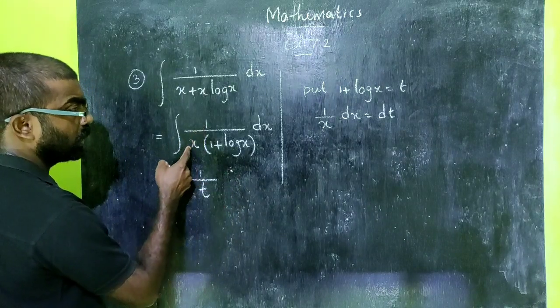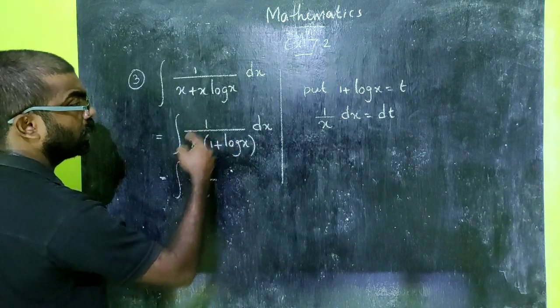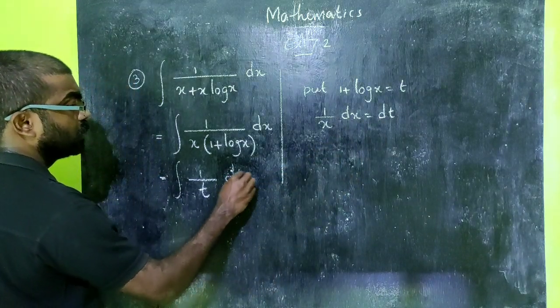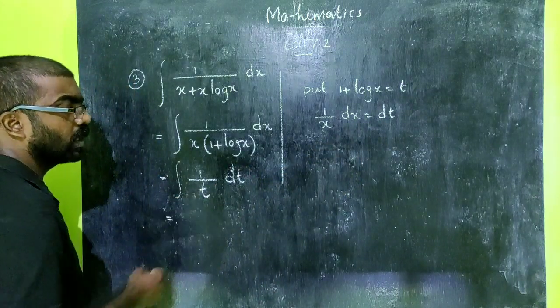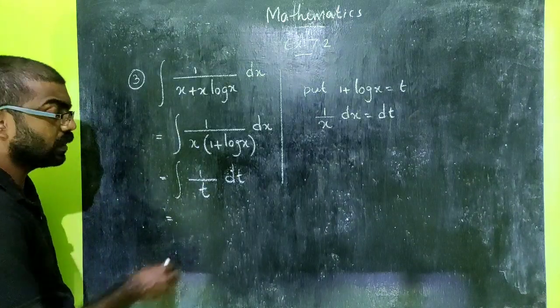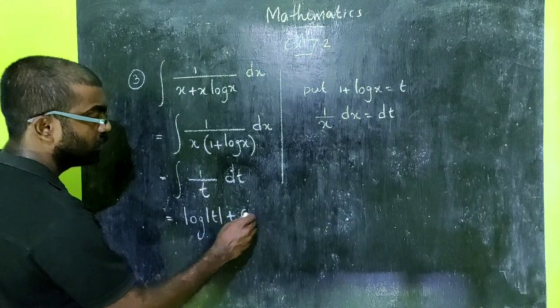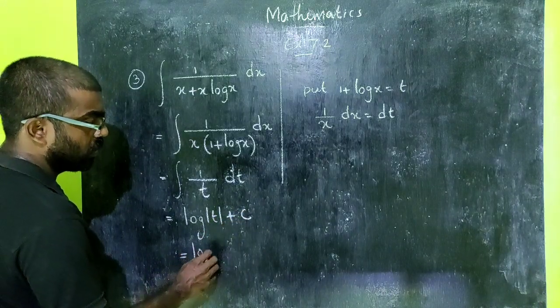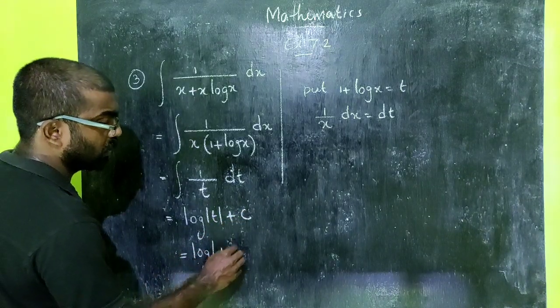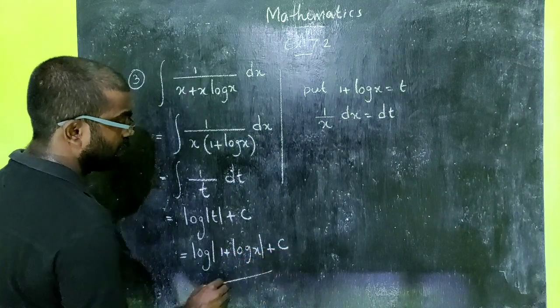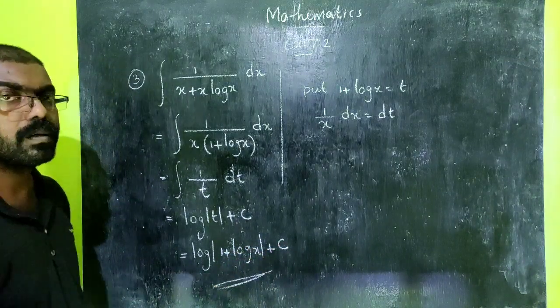Then this 1 by x dx. Combining these two values we can write what? dt. So finally we get integral 1 by t dt, log mod t plus c. That is log mod 1 plus log x, then plus integrating constant c. Okay.